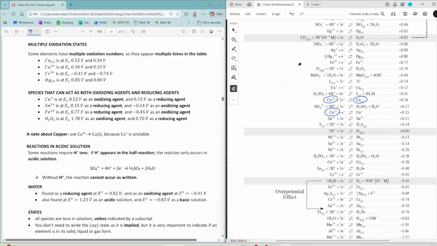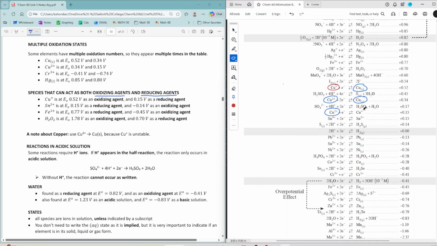So copper, the metal, can be oxidized to form copper 1 plus, or it can be oxidized to form copper 2 plus. And then there's this one that we haven't talked about, which is this ion, which can act as both an oxidizing agent and a reducing agent, which is the copper plus.